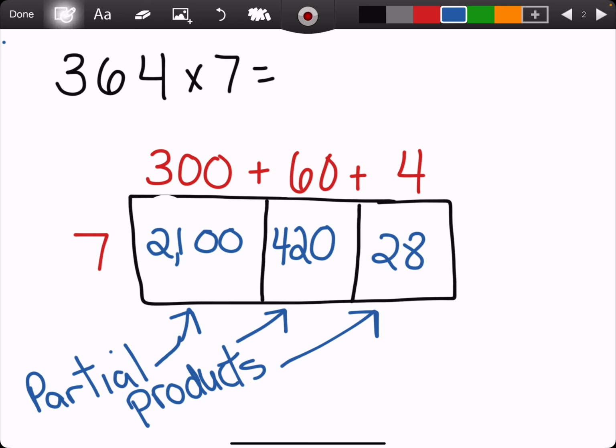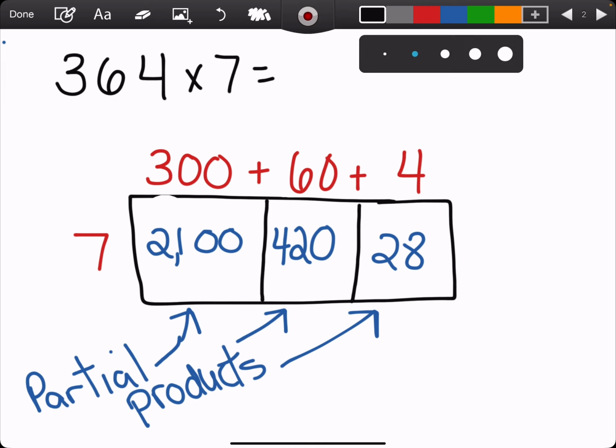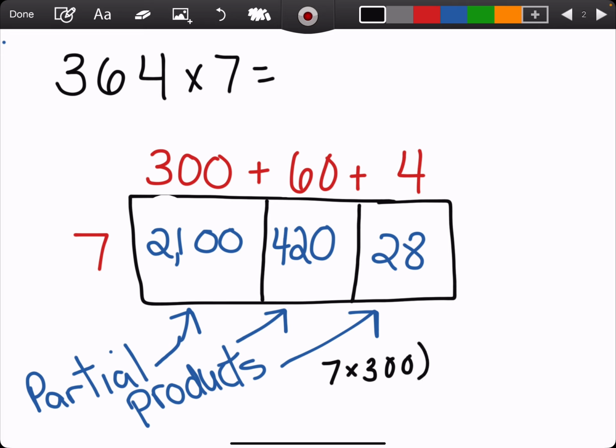Now I'm going to take my three partial products, the 2,100, the 420, and the 28, and add them together. But before I add them, you will see what we did was multiply 7 by 300 plus 7 times 60 plus 7 times 4.